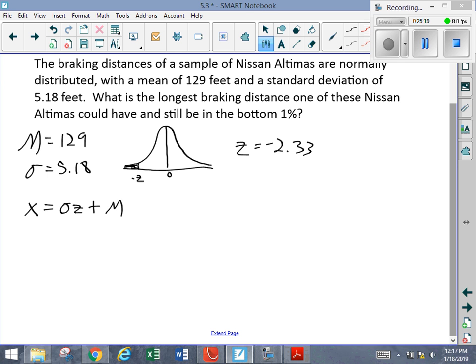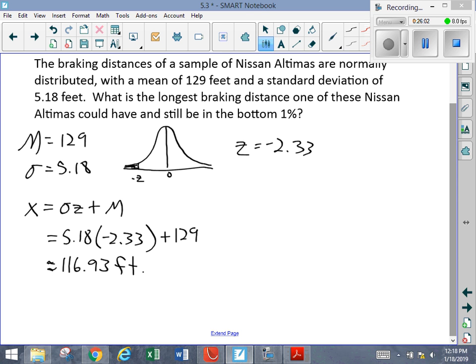In this case, that's 5.18 times negative 2.33 plus 129, which is approximately 116.93 feet.